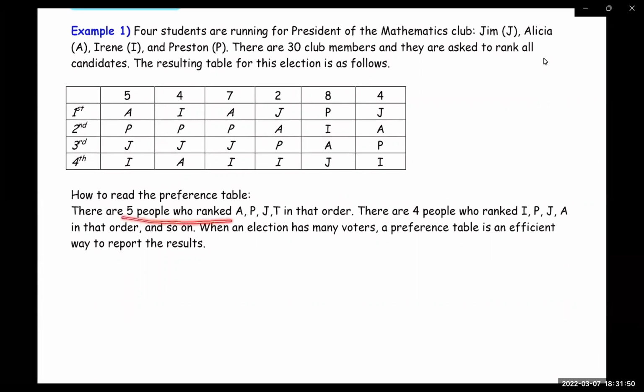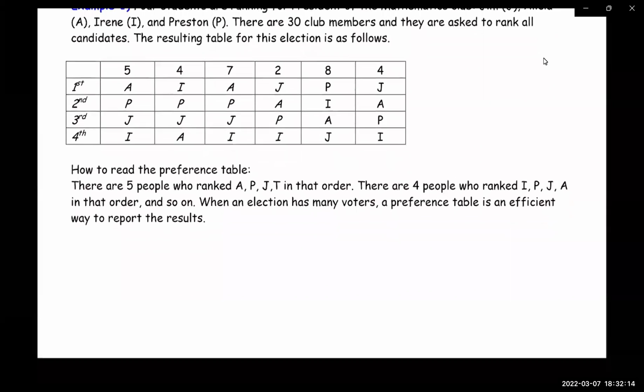There are 5 people who ranked A, P, J, I, and 4 people who ranked I, P, J, A. All right, and so on. When an election has many voters, a preference table is an efficient way to report the results. So let's see if they ask any questions.